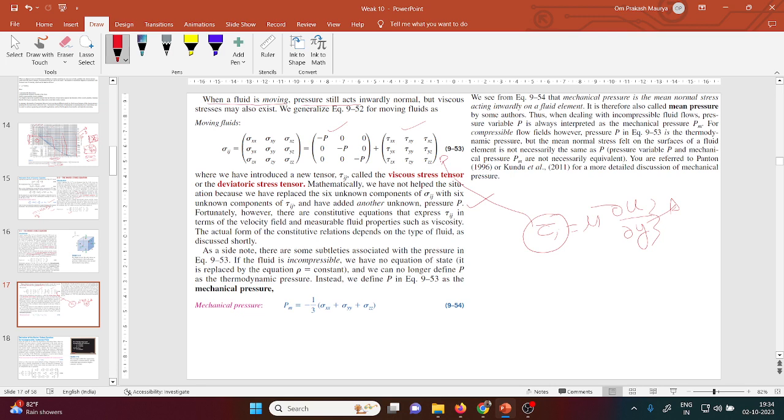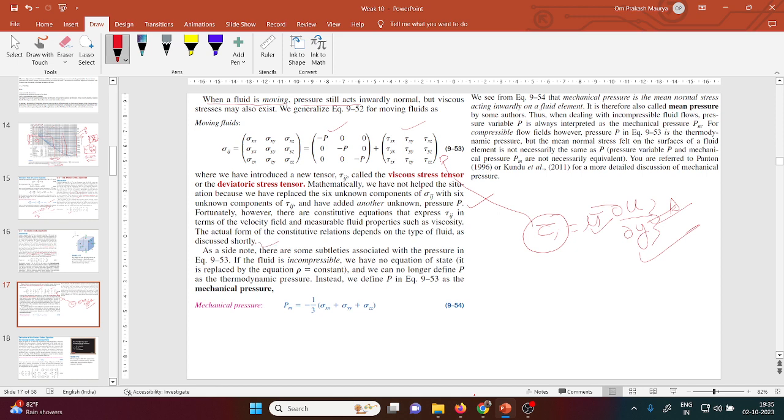So in case of the stress term, we have the velocity term: your shear stress is related with the velocity field and measurable fluid properties such as viscosity. So the actual form of the constitutive relation depends on the type of fluid, as discussed shortly.